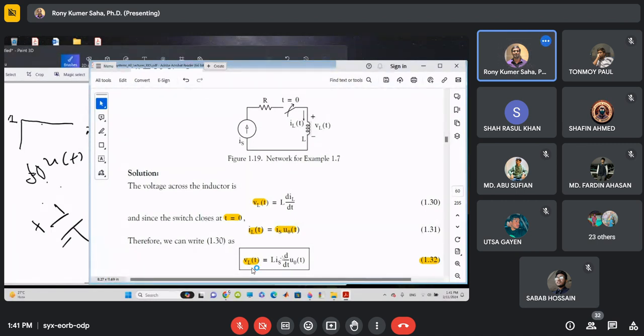Is it very difficult? You have to answer this one. It's not confusing. Being an engineer, you have to answer this question.